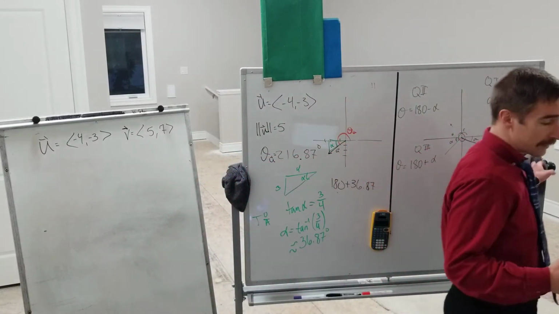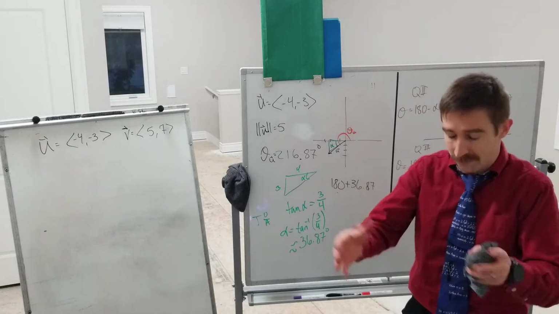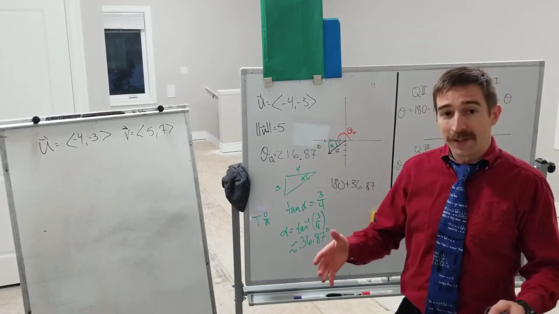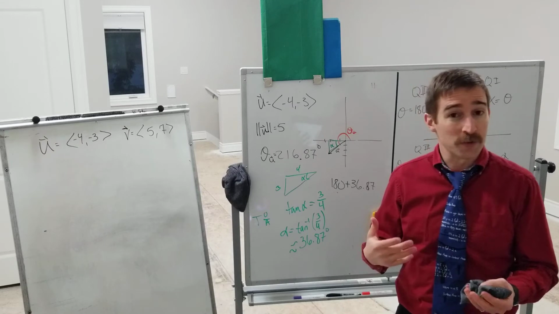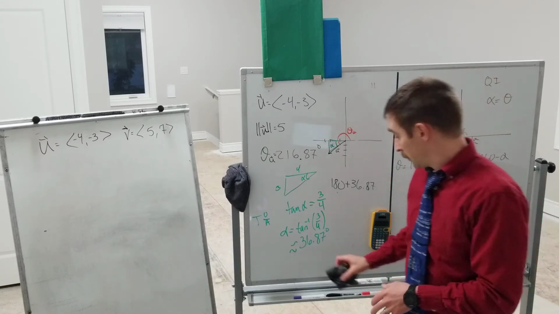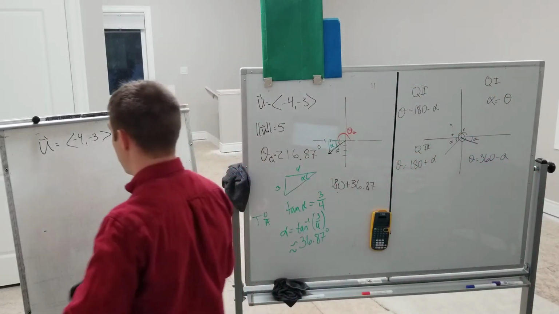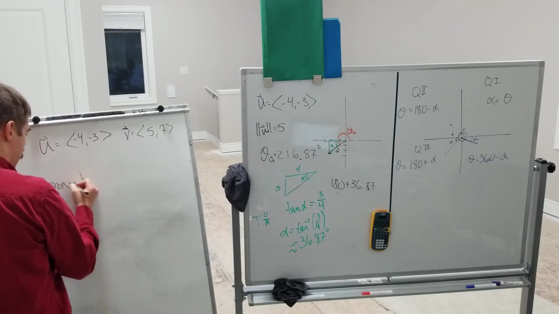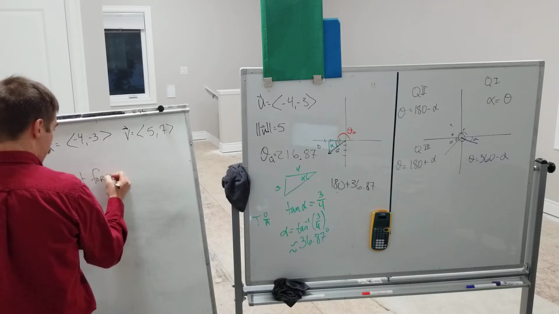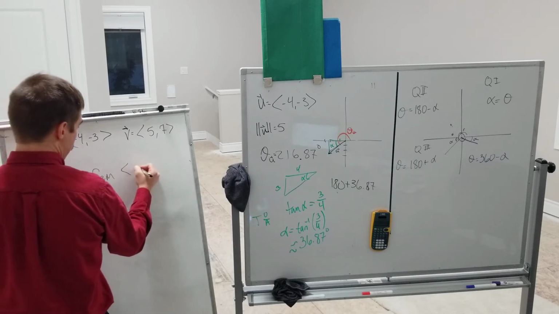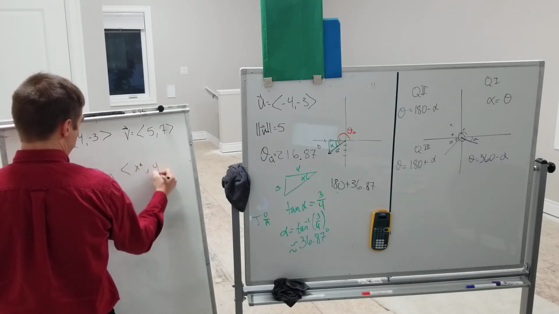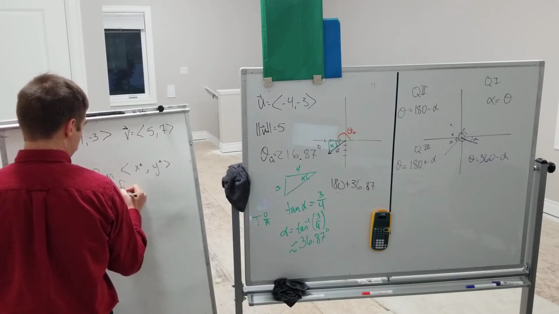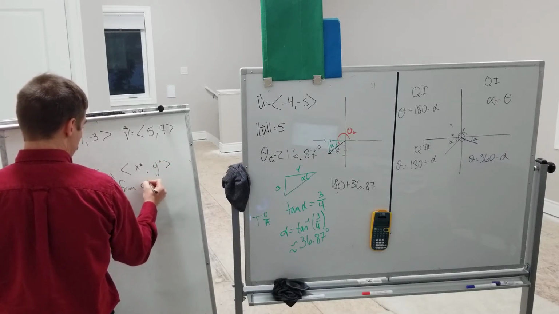So we talked a little about how we can describe a vector using component form, right? Component form is x number, comma y number, from the origin.